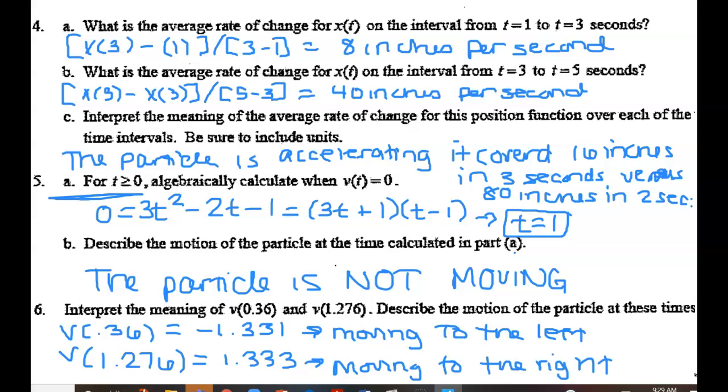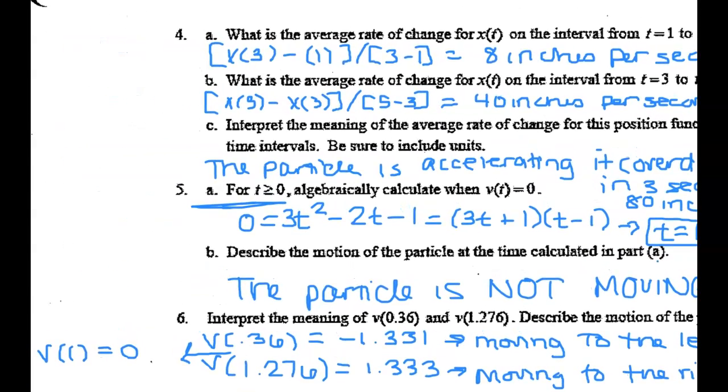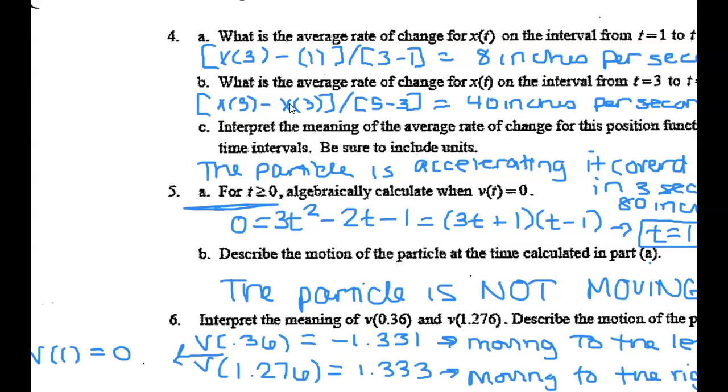So typically if a particle goes to rest, it changes direction. We know that the velocity was 0 at 1, so that is between 0.36 and 1.276. So typically if your velocity goes to 0 between them, then it's changing direction.